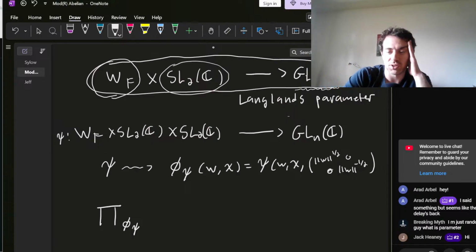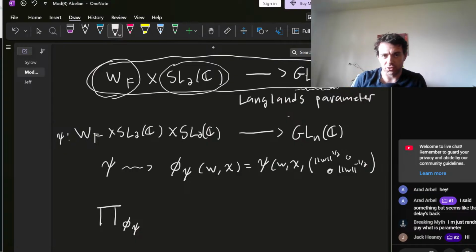But if you do go back to some live streams from a couple of weeks ago, I talk a little bit more in detail about what Langlands parameters are and what they look like and examples of them. But if this means anything to you, it's a homomorphism of groups, basically. And so an Arthur parameter is also just another term.